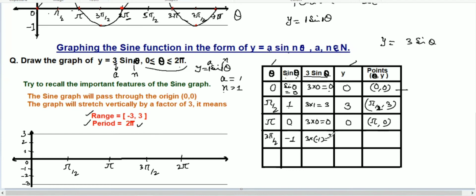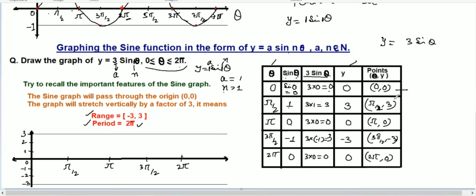So our output is minus 3. The y value is minus 3, and our coordinate point will be 3 pi over 2, minus 3. And then next is 2 pi. Sine 2 pi will be 0, so 3 multiplied by 0 equal to 0. The y value is 0, and 2 pi, 0 will be the coordinate point.